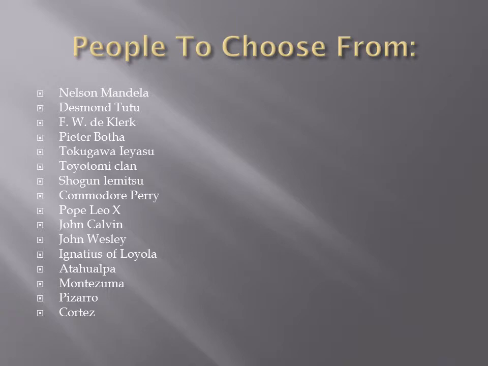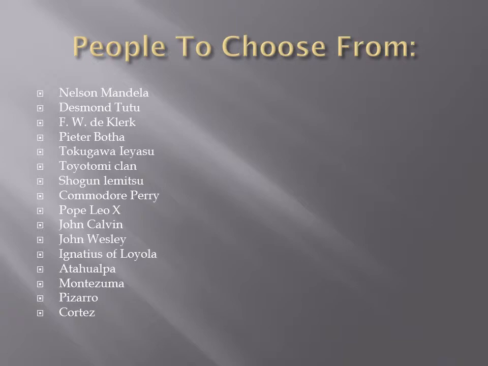Here are the people that you have to choose from: Nelson Mandela, Desmond Tutu, F.W. de Klerk, Botha, Ieyasu, Clan, Iemitsu, Commodore Perry, Pope Leo X, John Calvin, John Wesley, Ignatius of Loyola, Atahualpa, Montezuma, Pizarro, and Cortez.